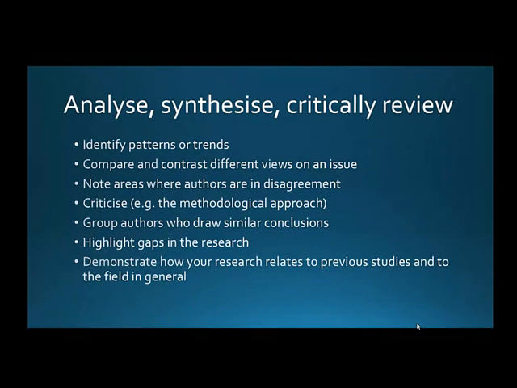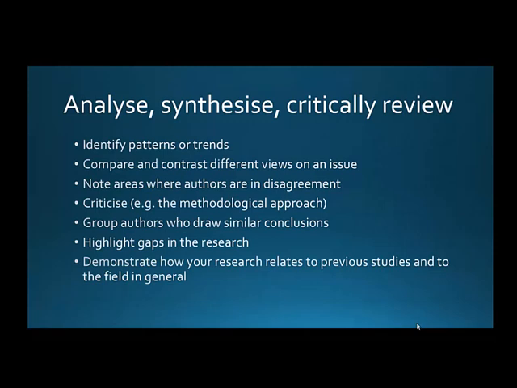So how might you critically analyse the literature? Let's unpack that a little bit more. That might be things like identifying trends, patterns in particular studies, comparing and contrasting different views on an issue, so showing both sides, highlighting when authors disagree with one another on particular topics. The critical reading aspect, you might criticise things like how the data was collected, the sample, the approaches to recruiting participants, all these various aspects that might be critiqued in the review.